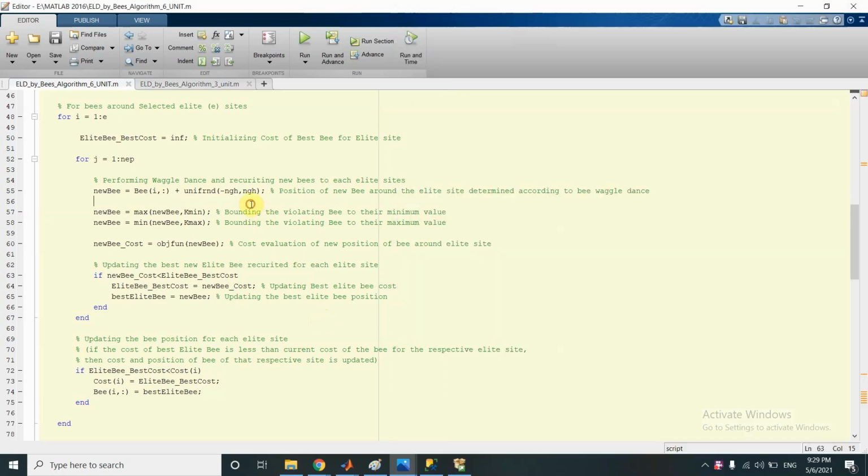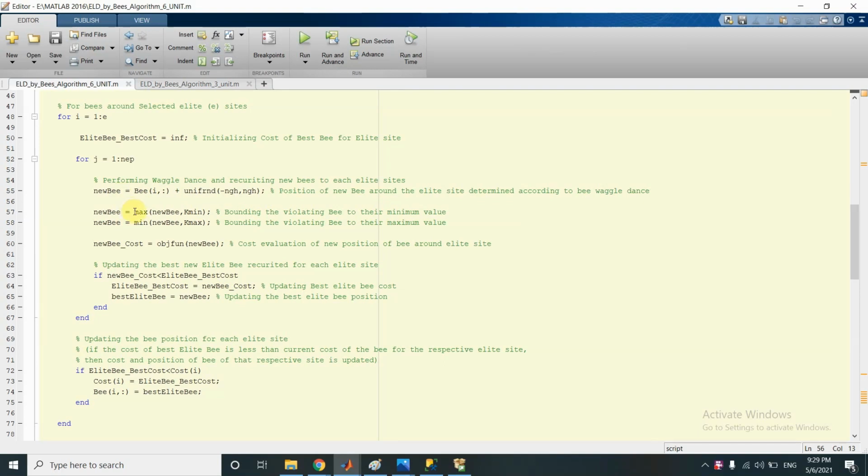Now once we have found the position of this new bee, we will have to check whether it is within the boundaries of upper and lower limits. If any of the limits are violated, then we have to enforce the limits on that value.